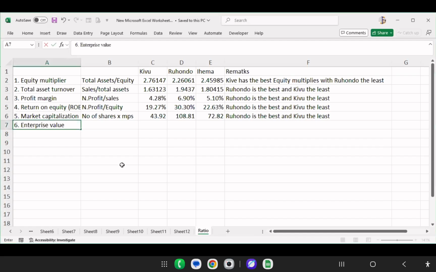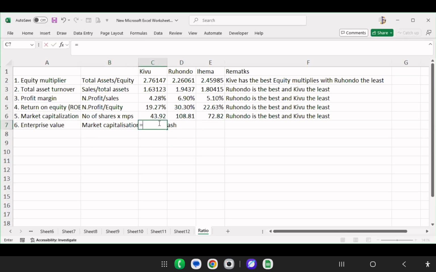That gives the value. So here, market capitalization, you add the debt in that firm, but you minus the cash.